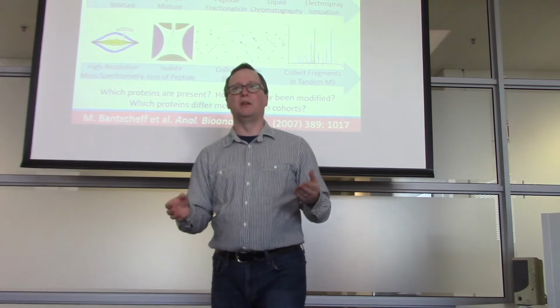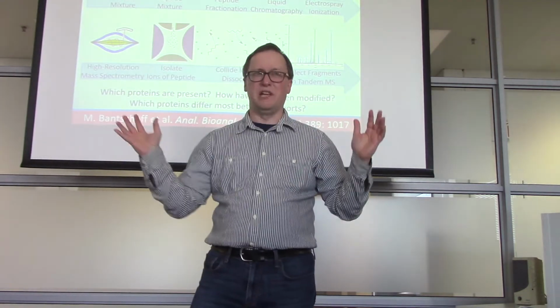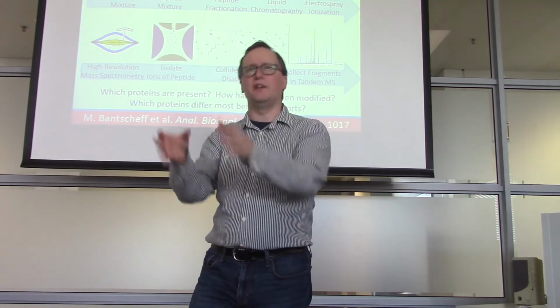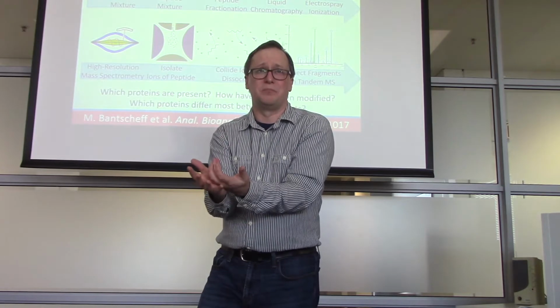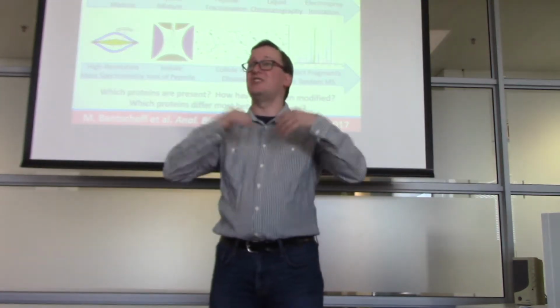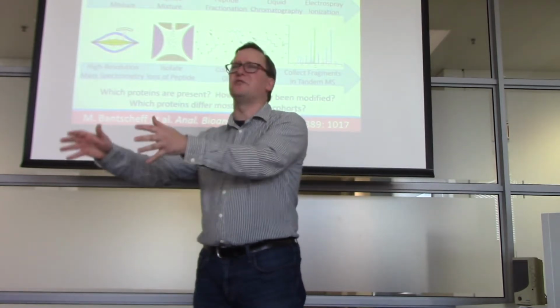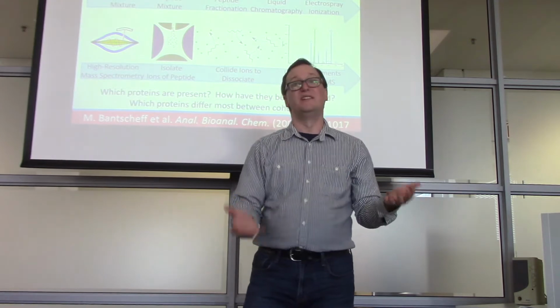So generally speaking, it's probably reasonable to say that detectably a given cut of a human sample is going to have something like 10,000 proteins in it. So does it really make sense in this very first step to digest this mixture of 10,000 proteins to produce 100,000 peptides? Not necessarily.